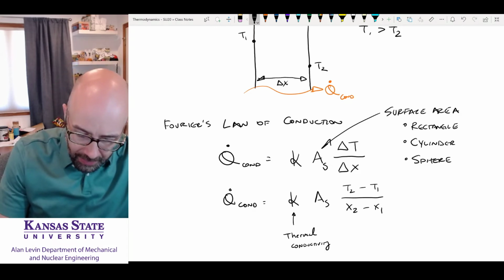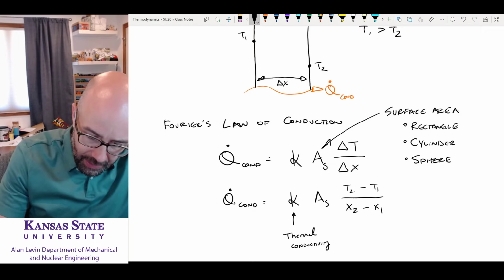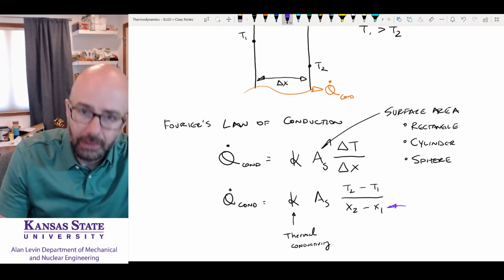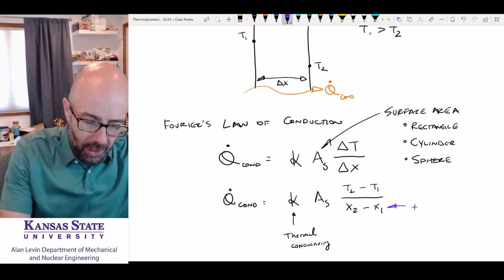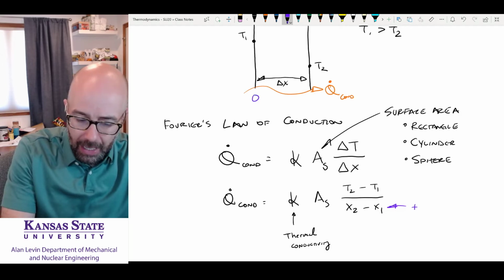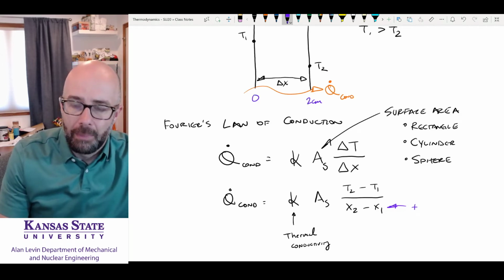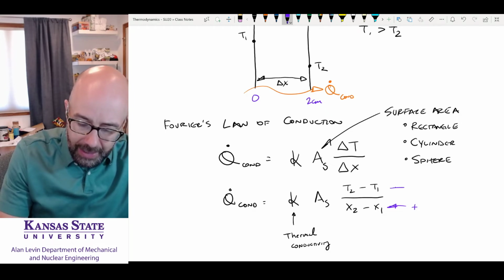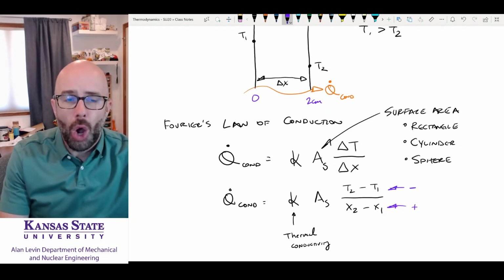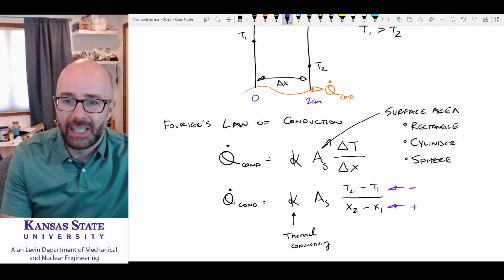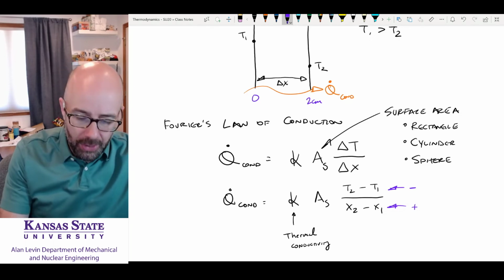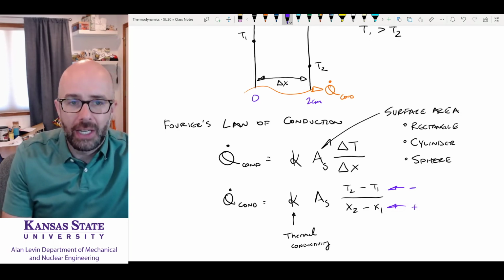Well, this bottom here is going to give us a positive number, because we're going to go from 0 to, let's say, 2 centimeters or something like that. We're always going to get a positive number. But our top is going to give us a negative number, because temperature 2 is always going to be less than temperature 1. So this whole equation here is going to be negative.